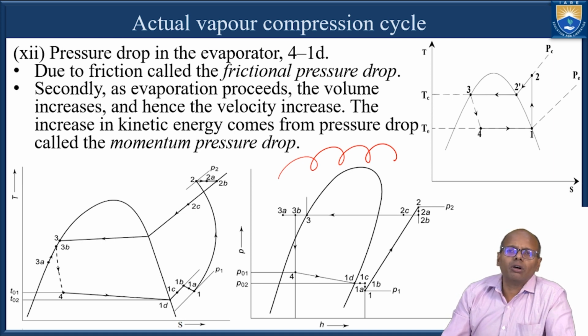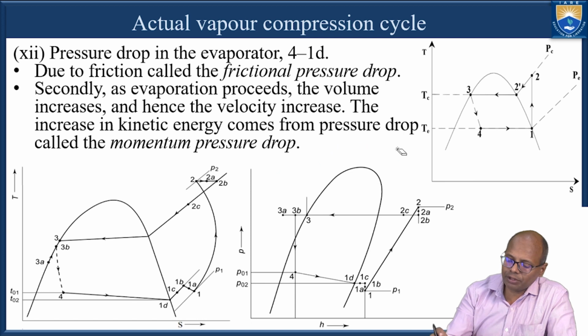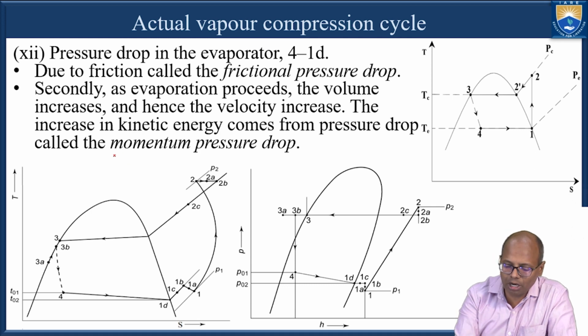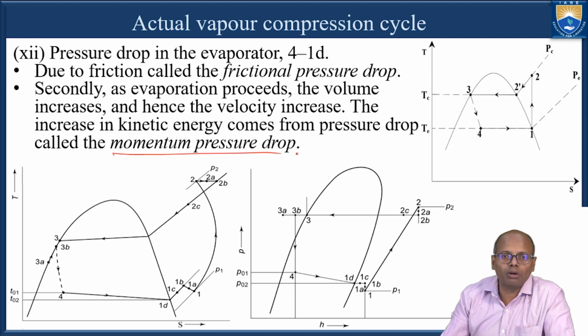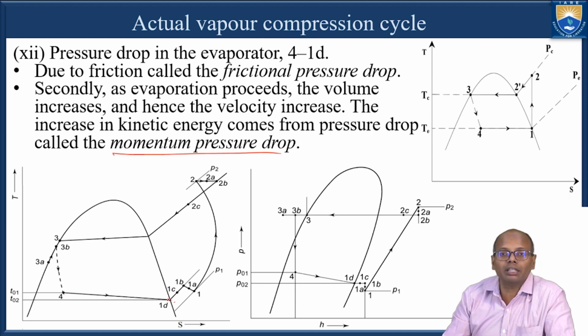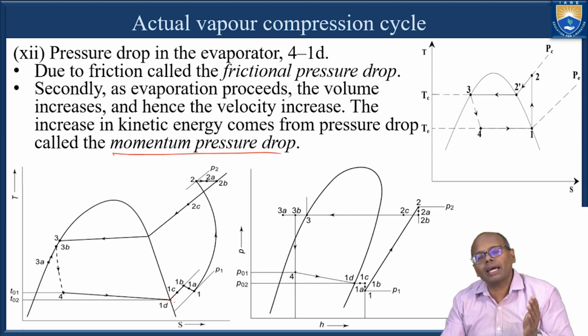Now in the case of the evaporator, in addition to the friction drop, we have an additional pressure drop called the momentum pressure drop. So what is this momentum pressure drop? From here to here, it is liquid and then it becomes vapor.